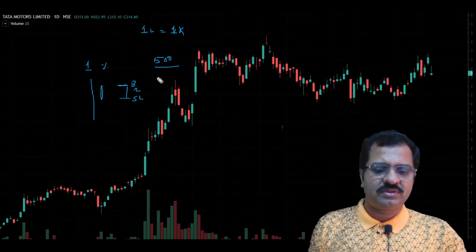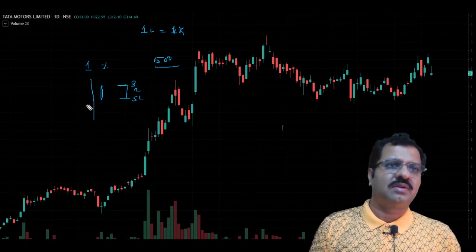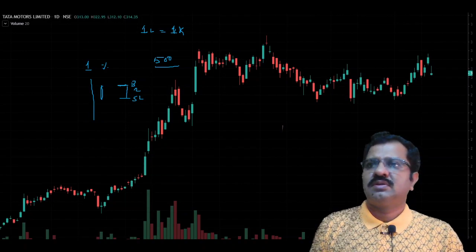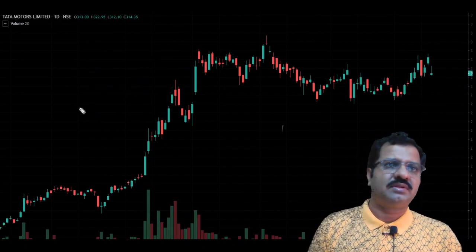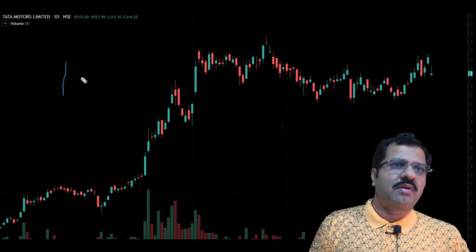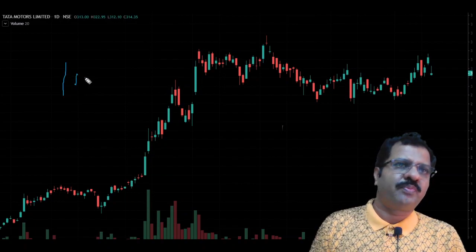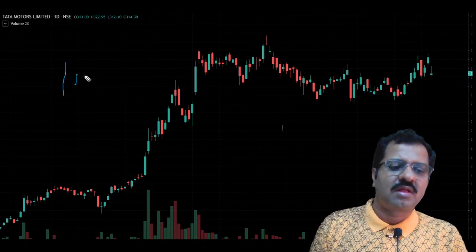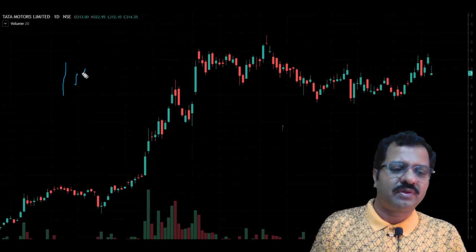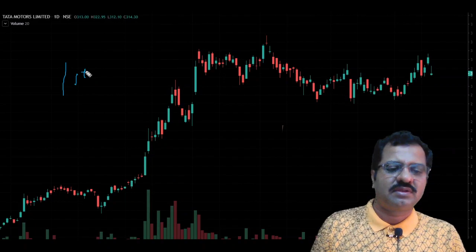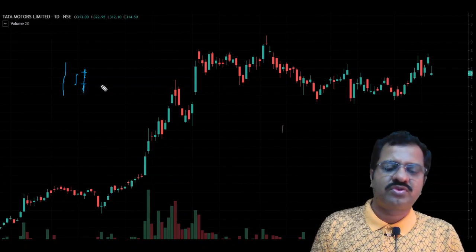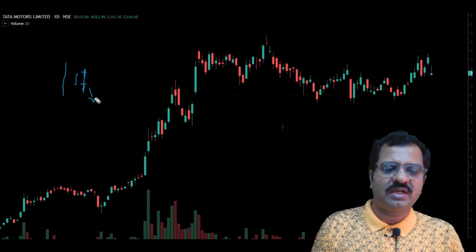The next rule: sometimes it will happen that price opened here, started going up, you enter the trade here, buy, but then price came below, hit your stop loss and started going below. In this case you should not take this sell trade.